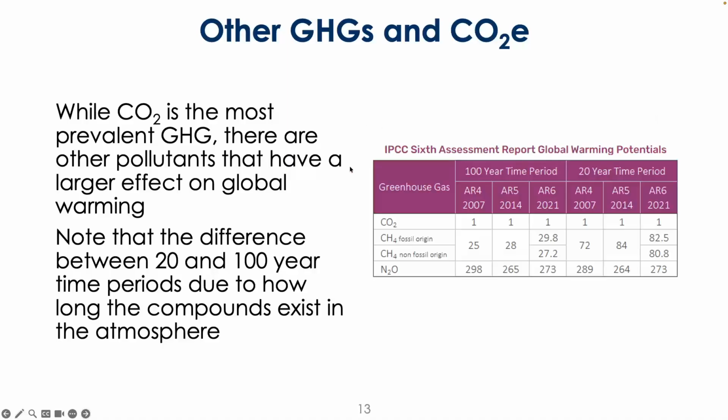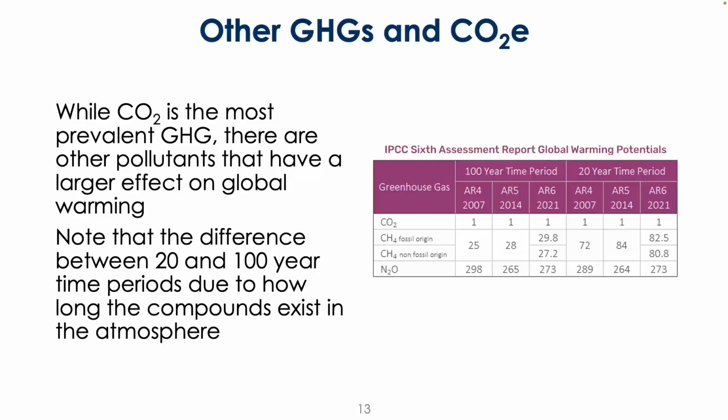And some of the more prominent ones you can see in this table on the right. The other two being methane and N2O. These are also commonly used, so methane as a fuel, so that can leak, and then also as combustion byproducts. This table is describing the relative effect compared to a baseline of CO2. Basically the idea is that if I emit a molecule of CO2, that leads to some amount of warming.